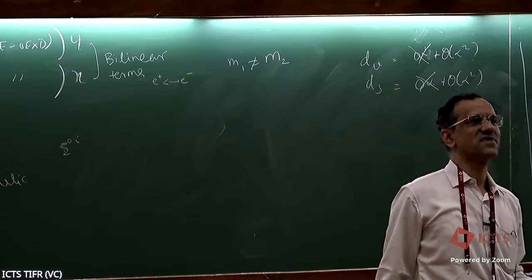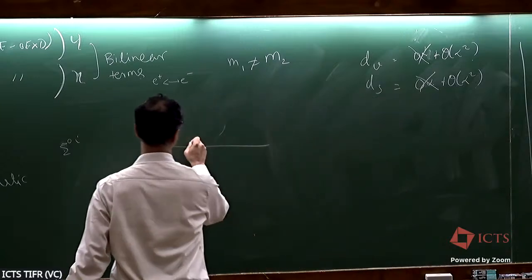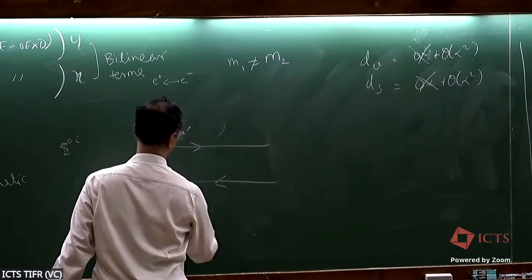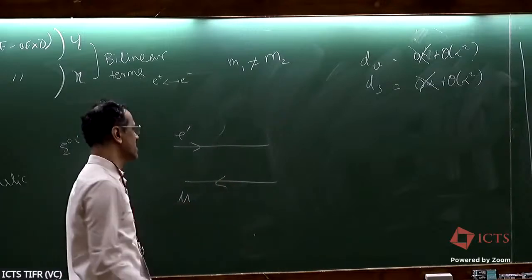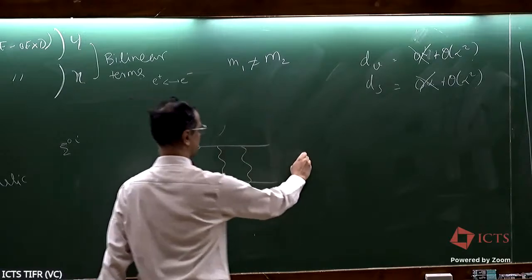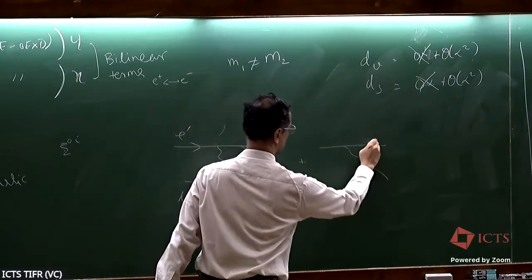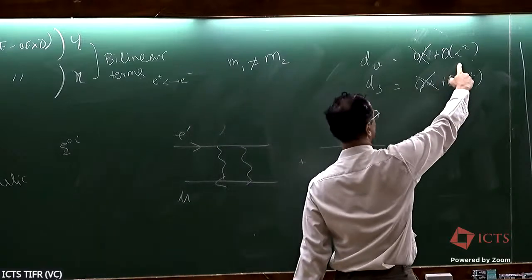Yeah, right. So basically electron, muon. Order alpha cannot be there, but at order alpha square you can have this kind of diagram, and that gives you both dV and dS.